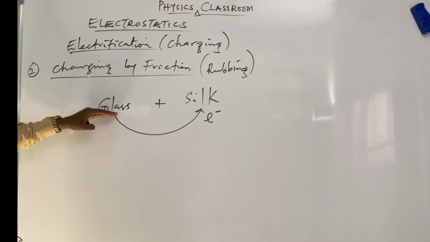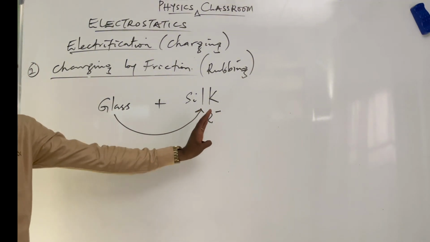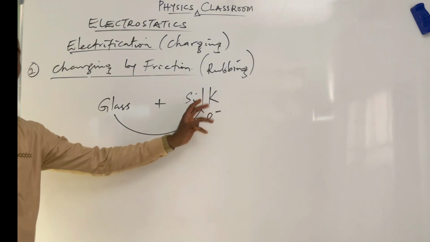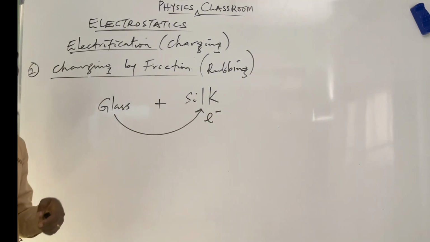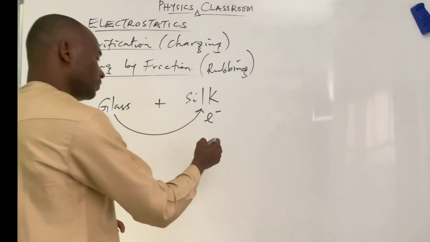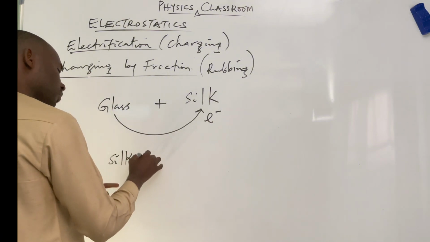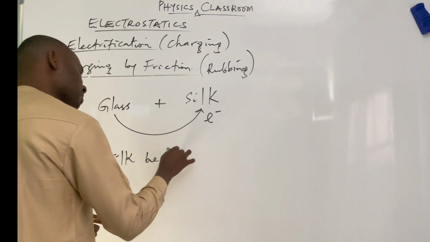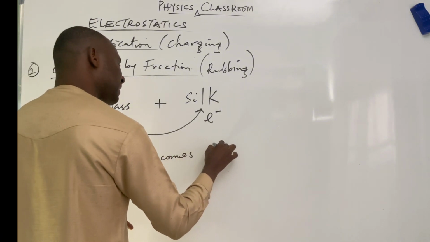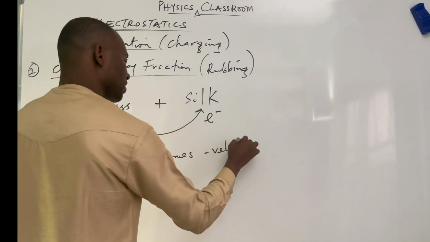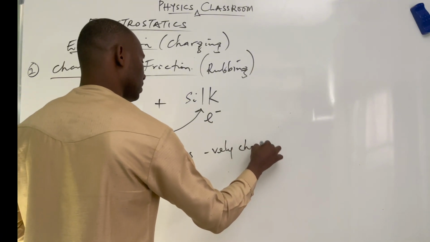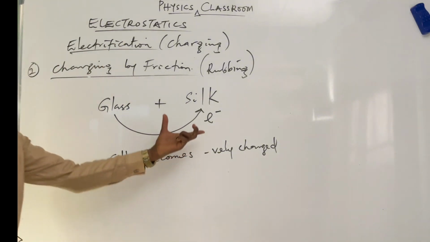So glass will be losing electron to the silk, while silk will gain the electron. And from what I told you earlier, silk, which is gaining electron, becomes negatively charged. Why? Because it is gaining more electron.